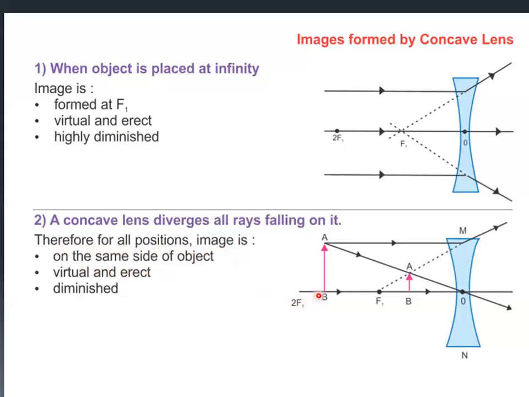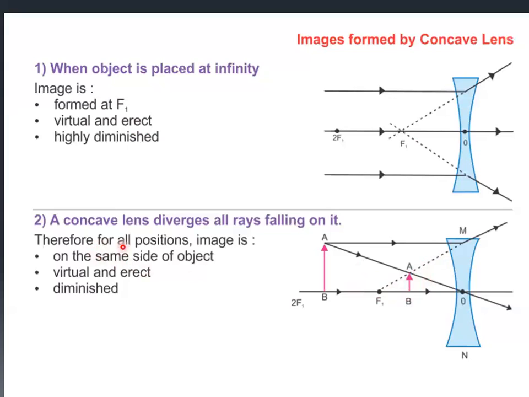For example, here the object is kept at position AB. One ray goes parallel to the principal axis and it is refracted. Another ray goes through the optical center without any deviation. Where these two rays meet, drawing a dotted line on the back side of the refracted ray, it will meet at F1. Where these two rays meet at a particular point, there the image is formed.